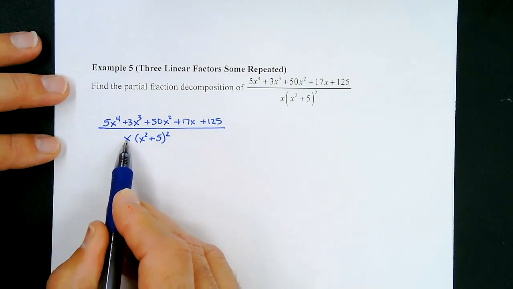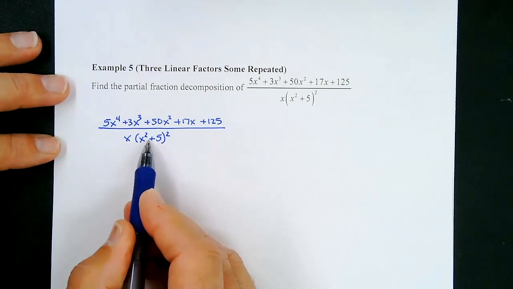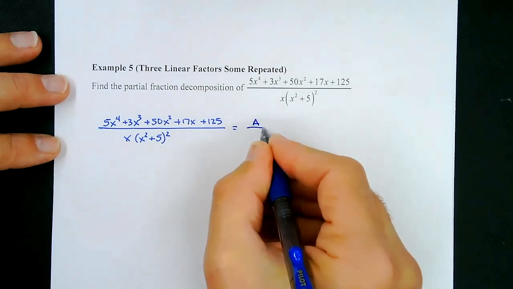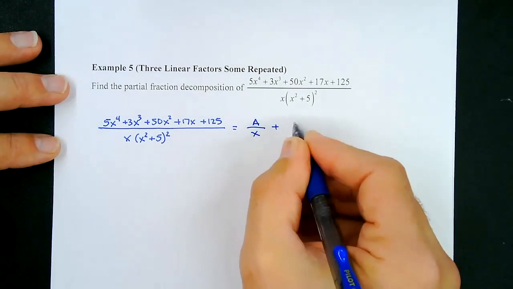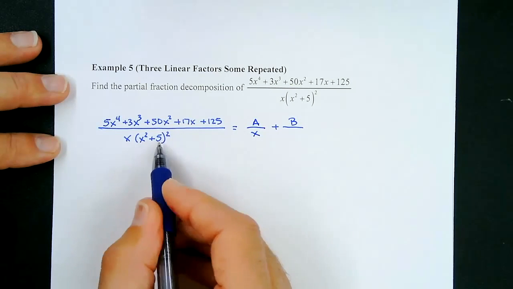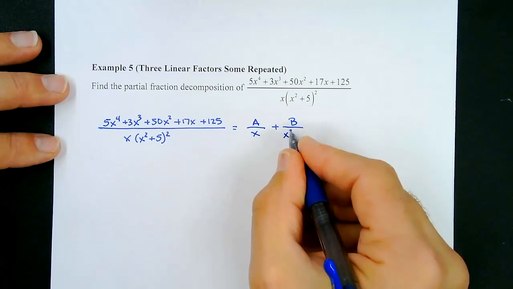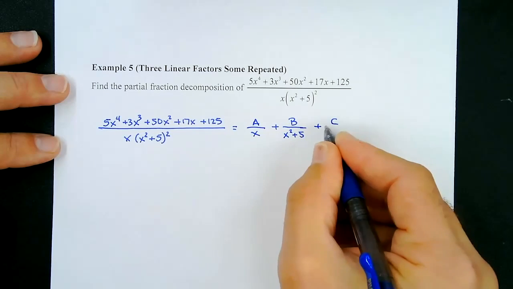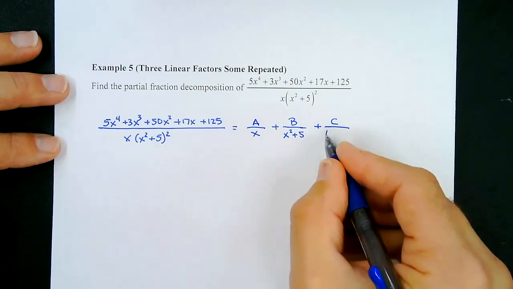So we have a single factor with x right here, and then we have a double factor right here with x squared plus 5. So this would be A over x plus B over x squared plus 5, the single factor of this squared, and then plus C over (x squared plus 5) squared.